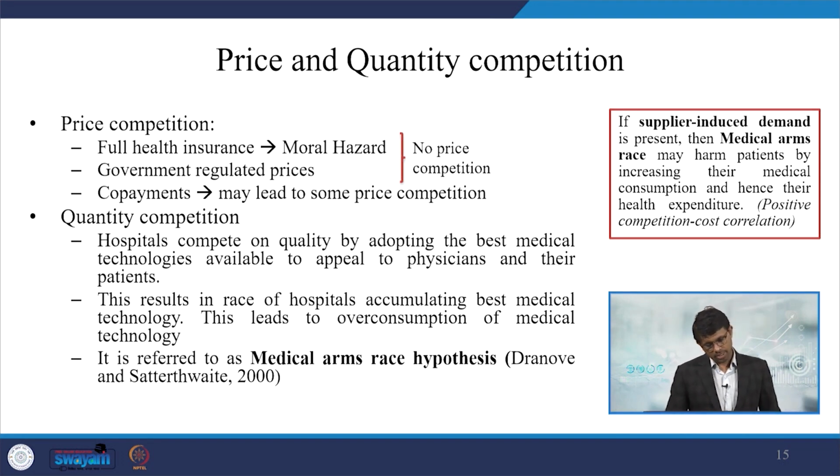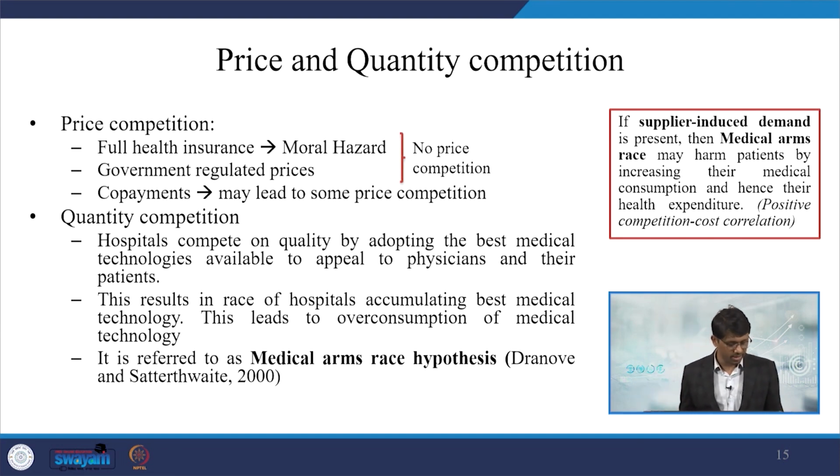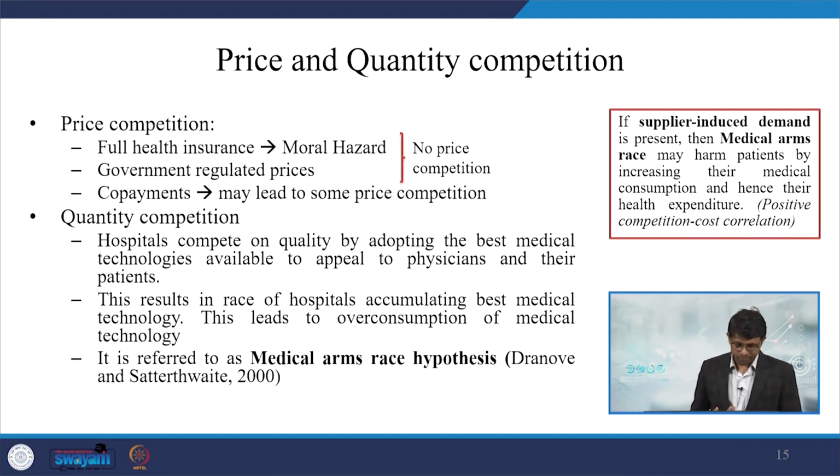Price competition is possible to some extent where co-payments are given. We already discussed co-payments in earlier lectures, especially in the insurance market. And now it lies with another direction called quantity competition.